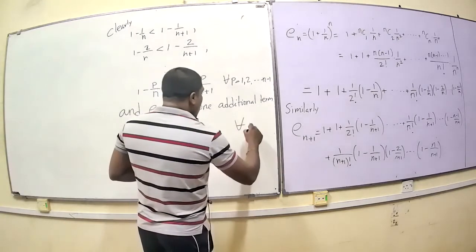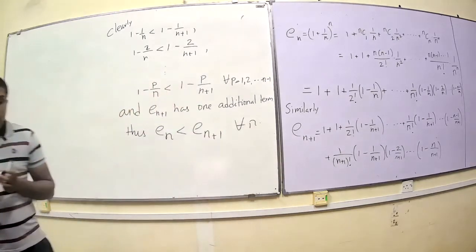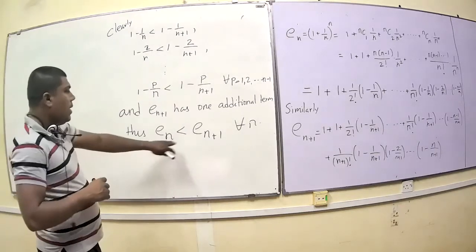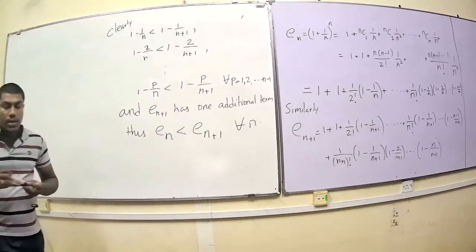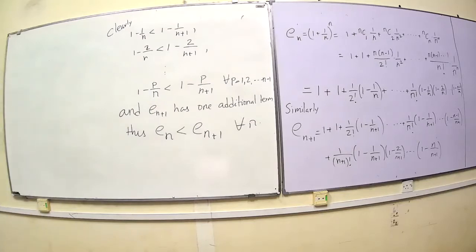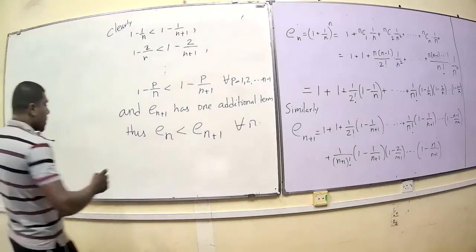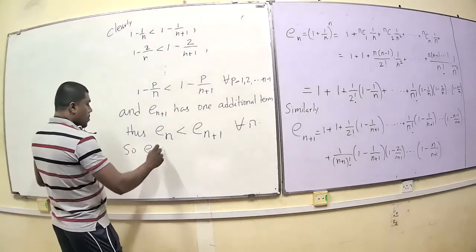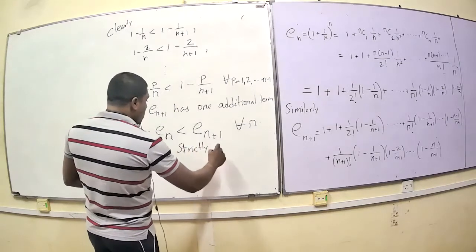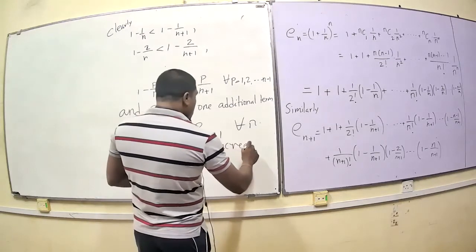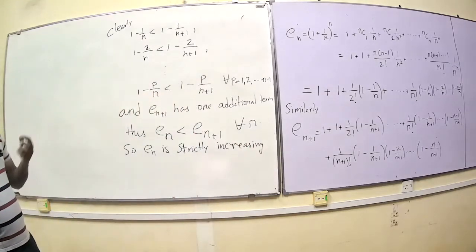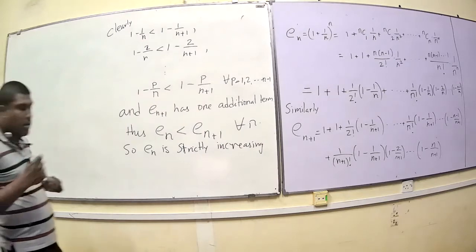Okay. Right, so that guarantees the monotone increasing. So e_n is less than e_(n+1), so it is monotonically increasing. Now we have to prove boundedness. Right? So it is strictly increasing. So now if it is increasing, you have to show the boundedness.